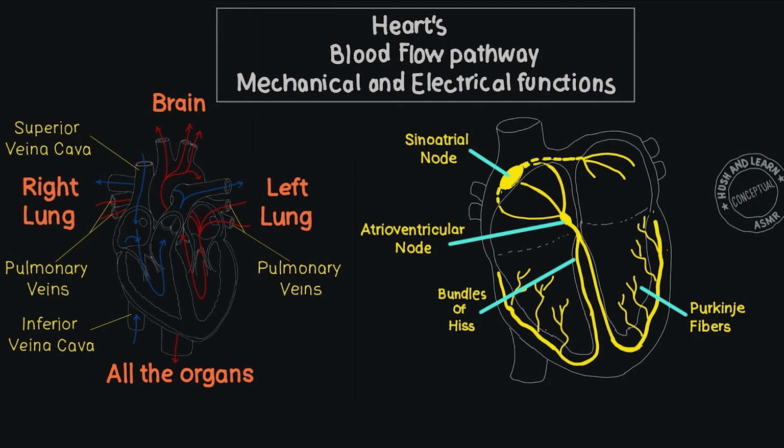The electrical wave then arrives at the atrioventricular node, travels down the bundle of His, and disperses via the Purkinje fibers. This rapid conduction synchronizes a twisting contraction of both ventricles.